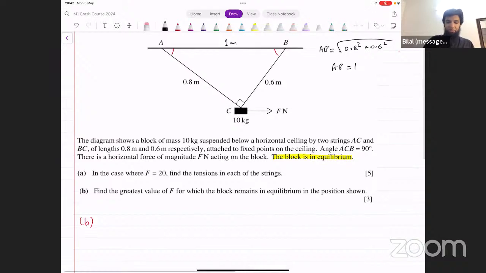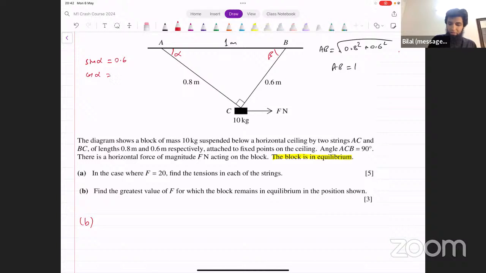Now, if this length is 1 meter, let's call this angle alpha. Let's call this angle beta. Can we find sine alpha? Sine of alpha, that will be perpendicular over hypotenuse. What does that become? 0.6.